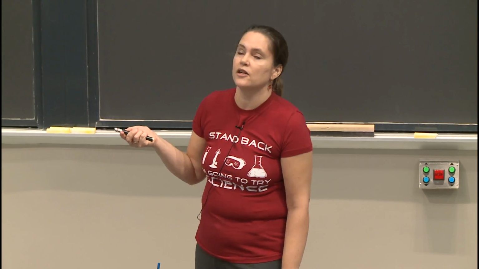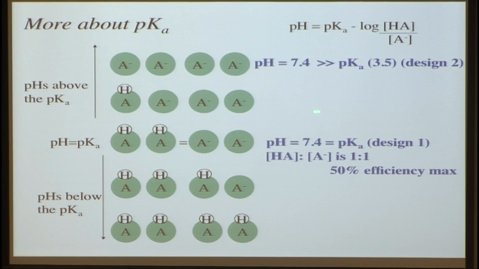But then in their design strategy, what they did was they used another molecule with a different pKa, one of 3.5. And now the pH is much greater than the pKa. And so as pH is above the pKa, you get more and more deprotonated species. So if you use Henderson-Hasselbalch here, you could calculate the ratio is 1 to 8,000.